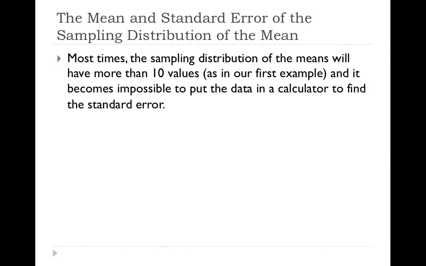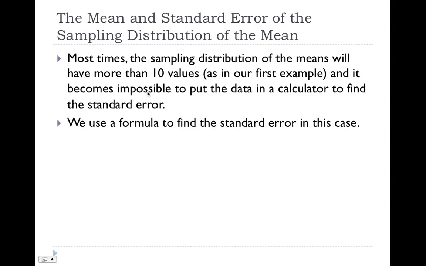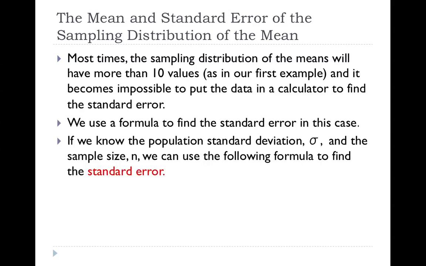When that collection becomes too big, and it will become very big very fast, it's impossible to put all the data in the calculator just to find the standard error. So in that case, we use a formula.